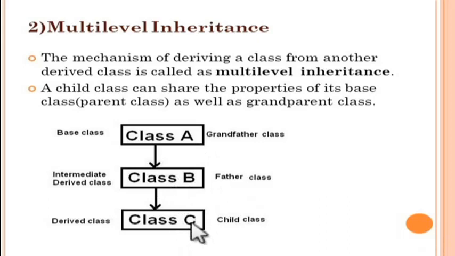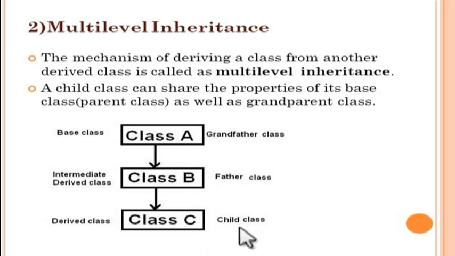For example, see this diagram, classes A, B, C. Three classes are inheriting the properties of each other. Means A is the grandfather class, B is the father class and C is the child class. The bottom class is always the new class. That is, class C is the new class. It accesses the properties of class B as well as class A.